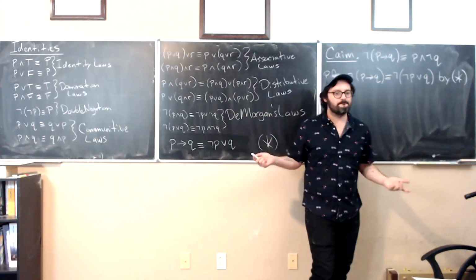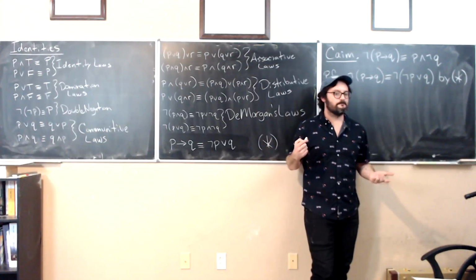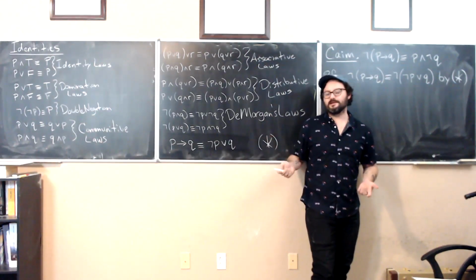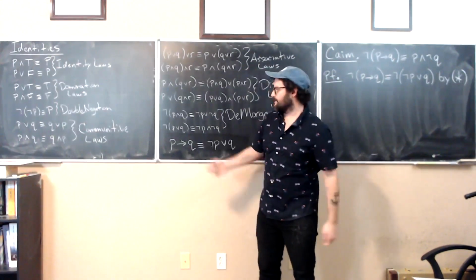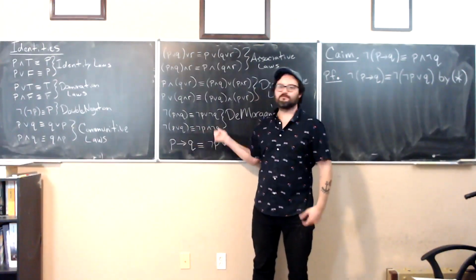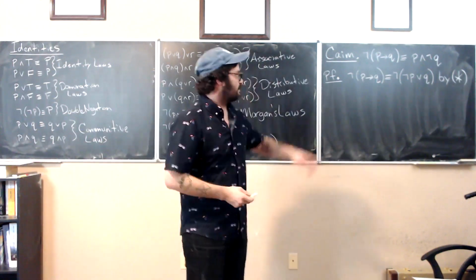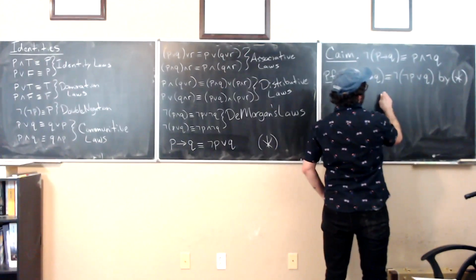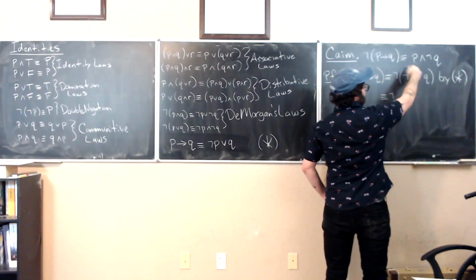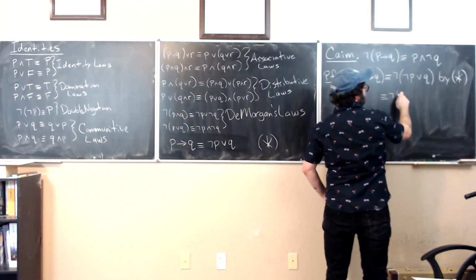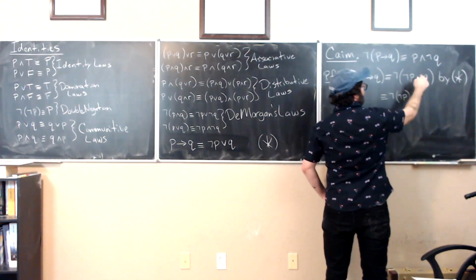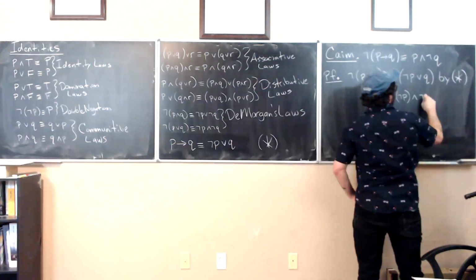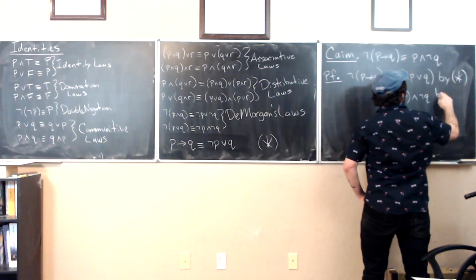Which rule would apply? De Morgan's law, right? The negation of a disjunction we can rewrite using De Morgan's law. And that's precisely what we can do here. So this is logically equivalent to the negation of whatever that thing is right there. It happens to be not P. The or becomes an and, then the negation of Q. And this is by De Morgan.